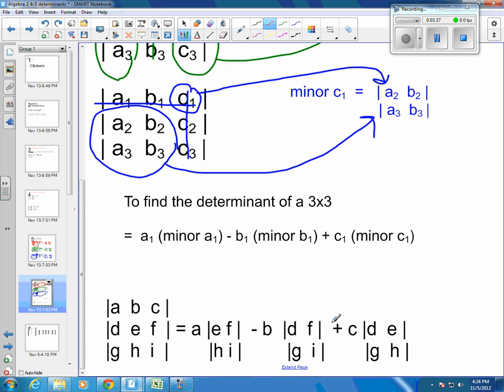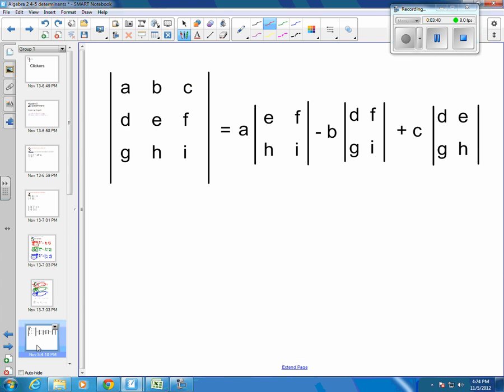And so here is your formula down at the bottom, and I've got it a little bit better over here.